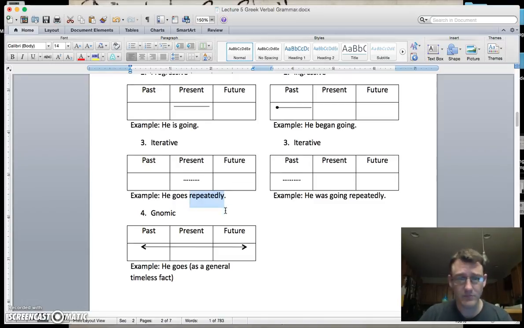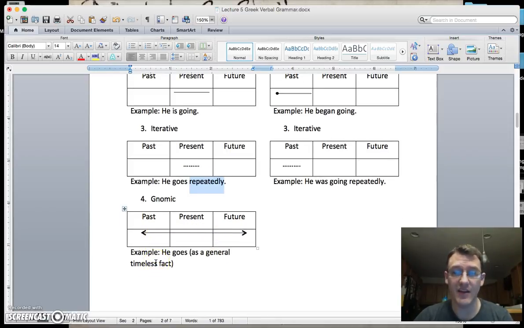And then the final and the most philosophically and theologically important, the gnomic present. Notice I've got a line extending from past to future with arrows in both directions. The idea is that whatever is said about the person in this kind of present tense is a timeless fact.